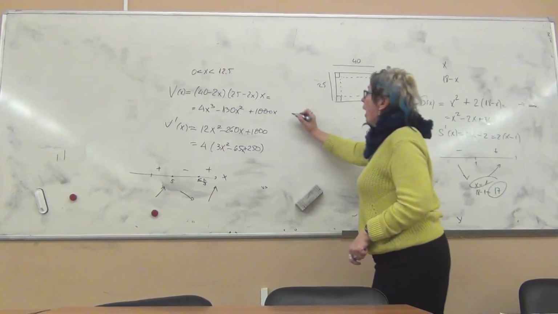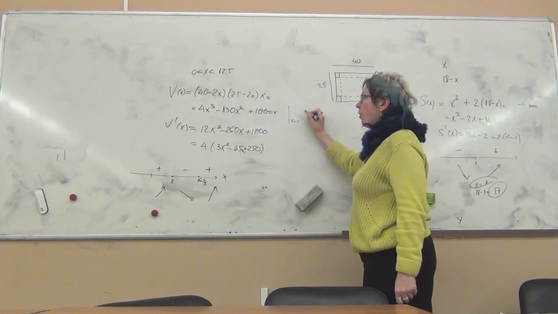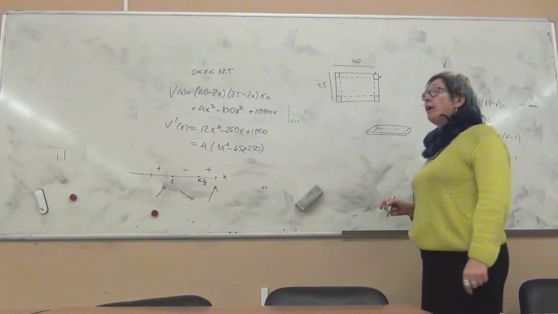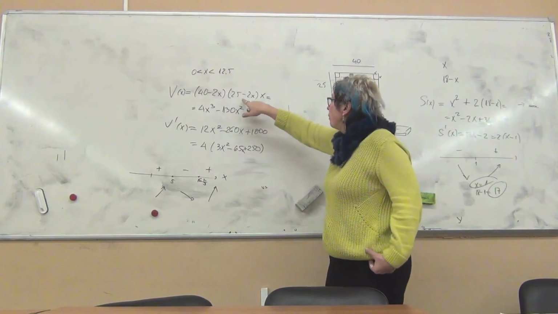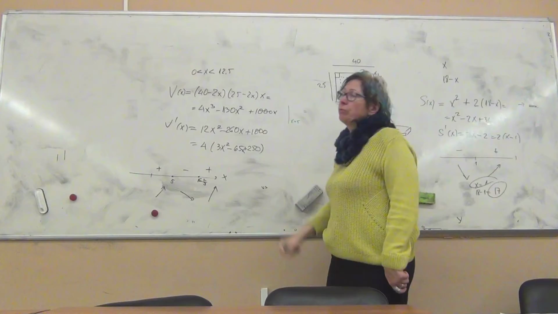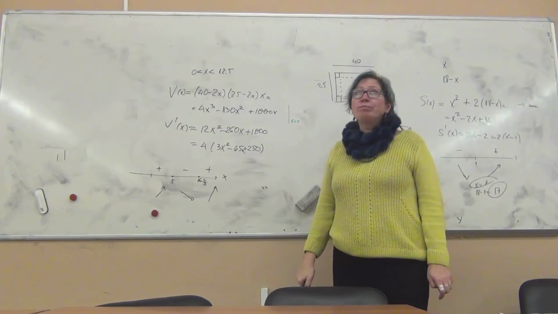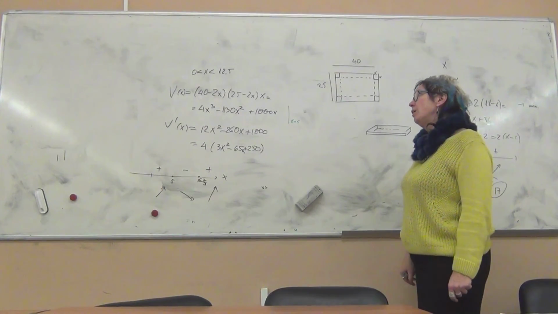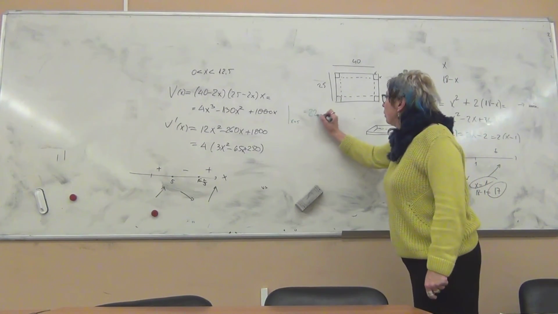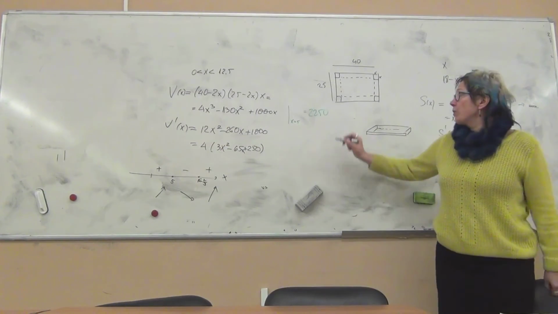So it's 30 times 15 times 5. 30 times 5 is 150, times 15 is, in cubic centimeters.